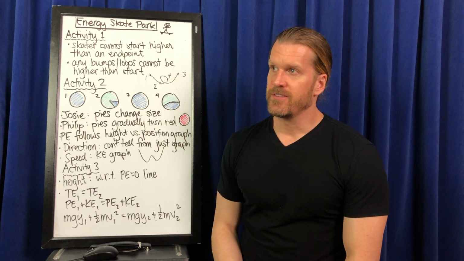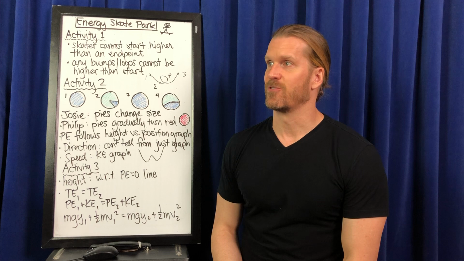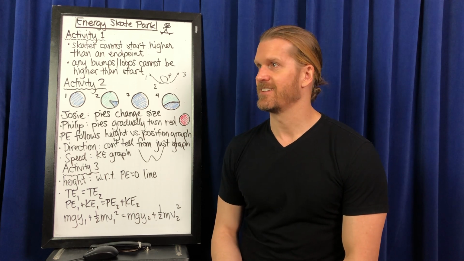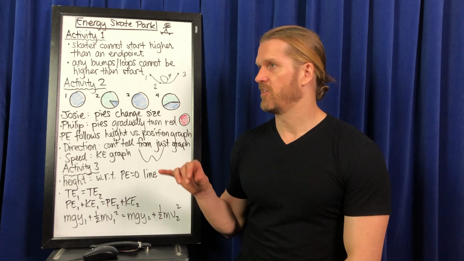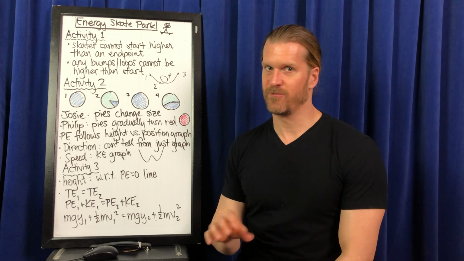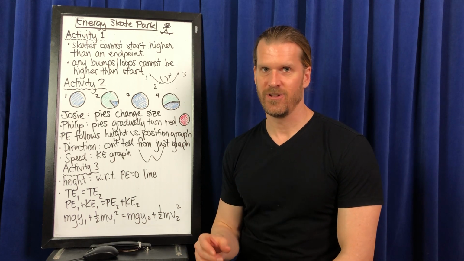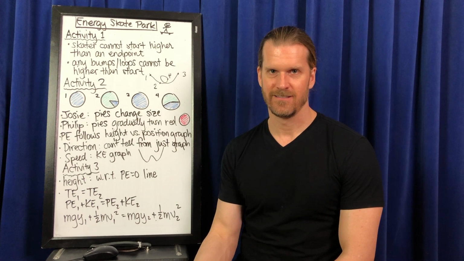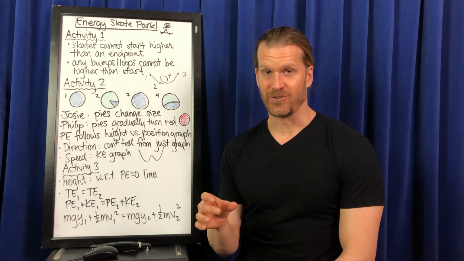Now you plot the energy position graph. And what's interesting about this graph is that potential energy, the graph of potential energy versus position, looks exactly the same as the shape of the track. They're identical.